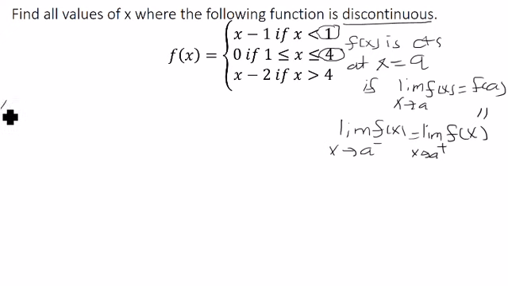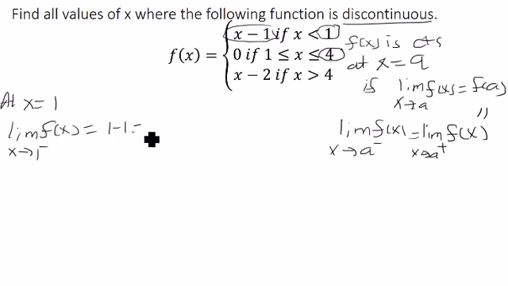So at x equals 1, let's find the left hand limit. The limit as x goes to 1 minus of f of x: when x is on the left side of 1, you're looking at the first branch, so it's going to be 1 minus 1, which is 0. Similarly, the limit as x goes to 1 plus of f of x means we're coming towards 1 from the right side, so we're looking at the second branch of this function, which is 0 itself.